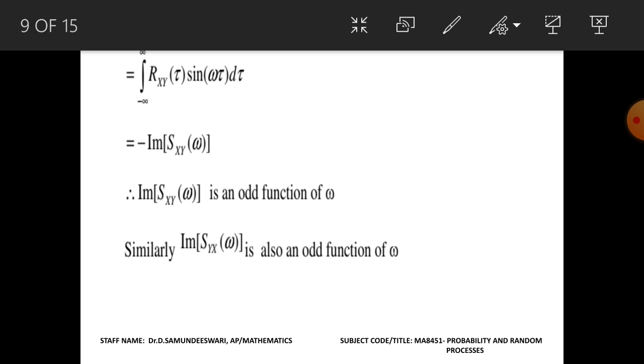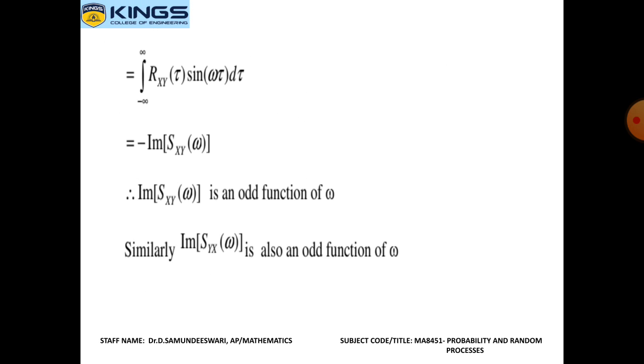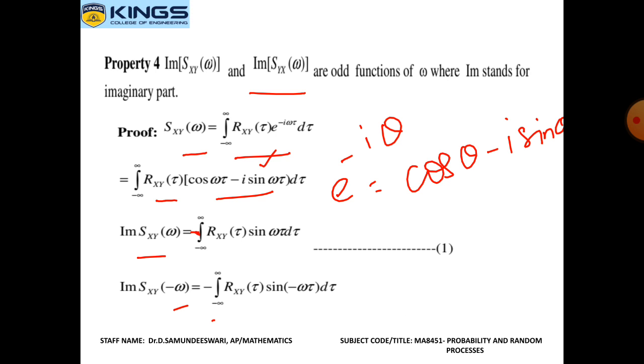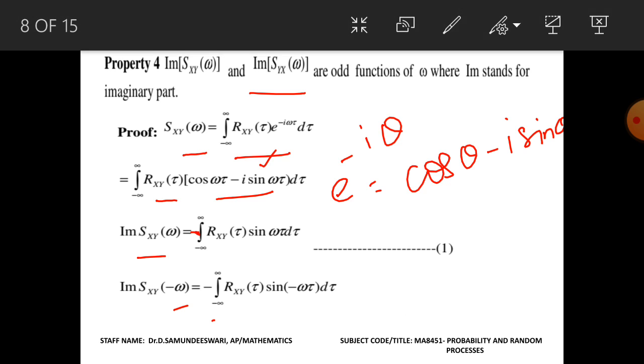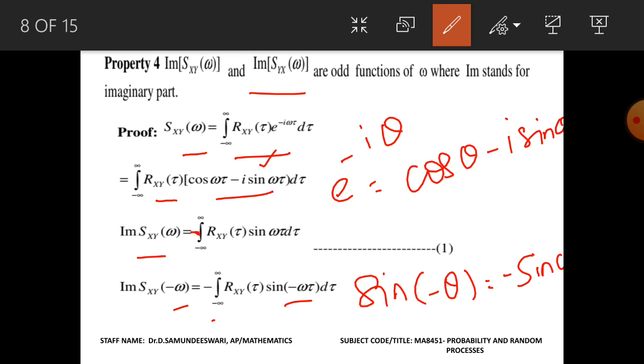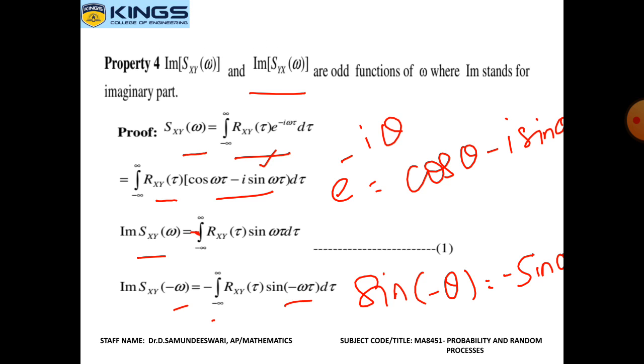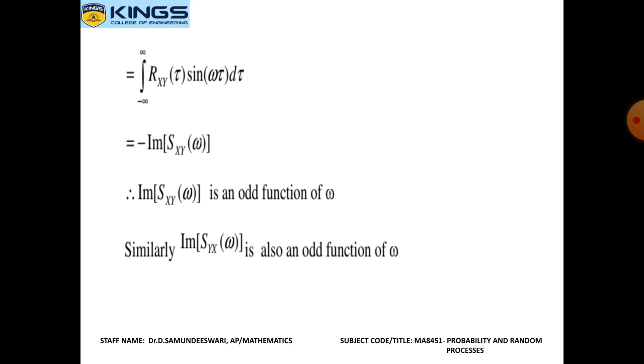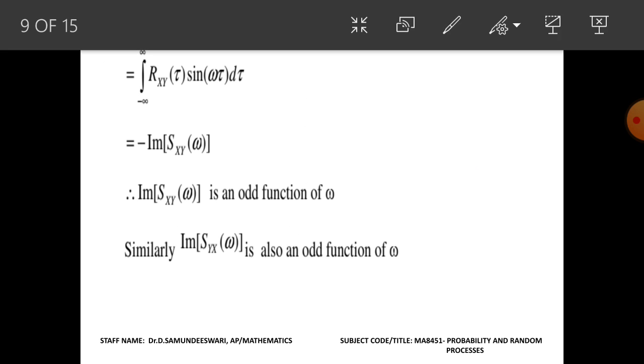So what is sin of minus theta? It is nothing but minus sin theta. Already there is one minus here, so minus into minus gives plus, and the integral is converted into plus integral minus infinity to plus infinity Rxy of tau sin omega tau d tau.